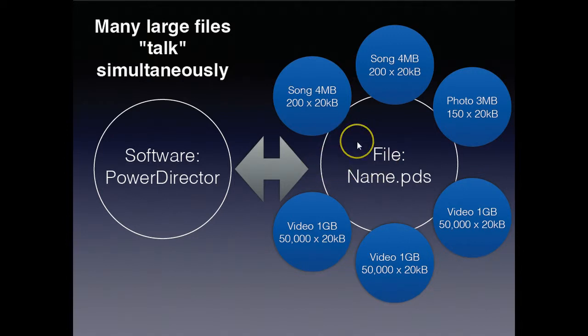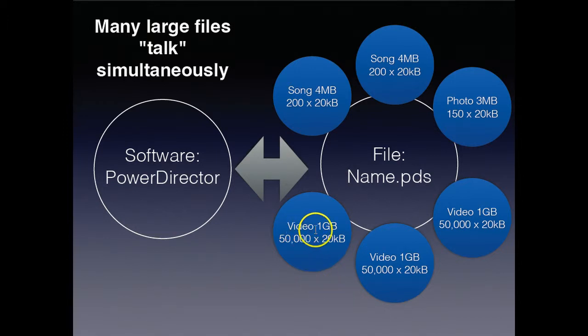So here's just a theoretical project, and if I'm working on this theoretical project and I want two different songs in this project, I want this one photo at some point, and I'm going to be drawing some information and some clips from 1, 2, 3 different videos. This starts to just demonstrate how we're using a primary piece of software, we're working on a project, but that project is simultaneously talking to 1, 2, 3, 4, 5, 6 other files, and these are pretty substantially large files.